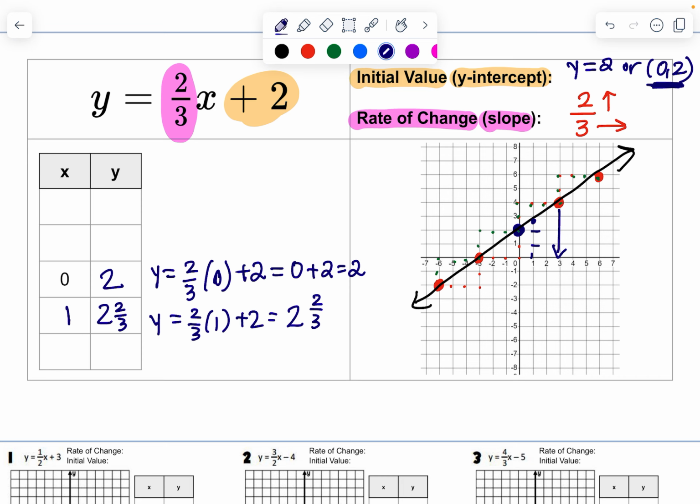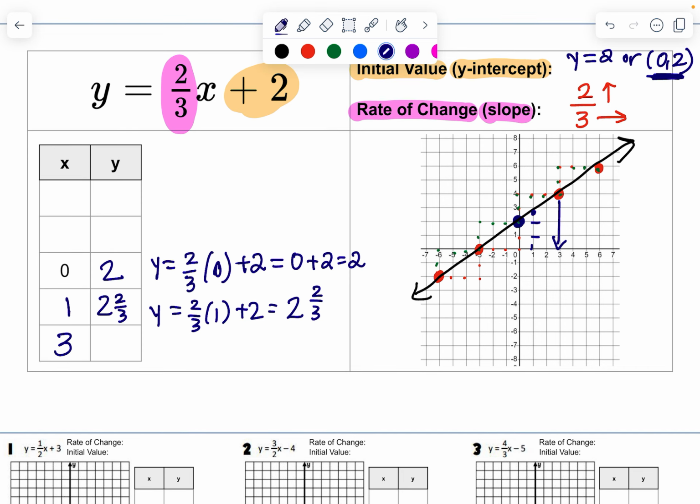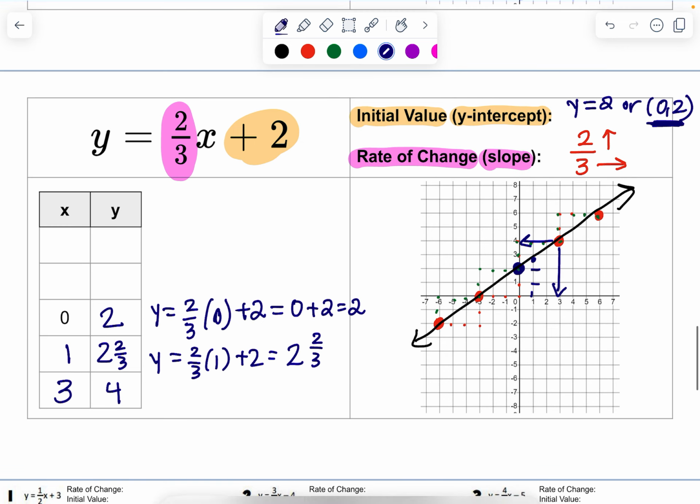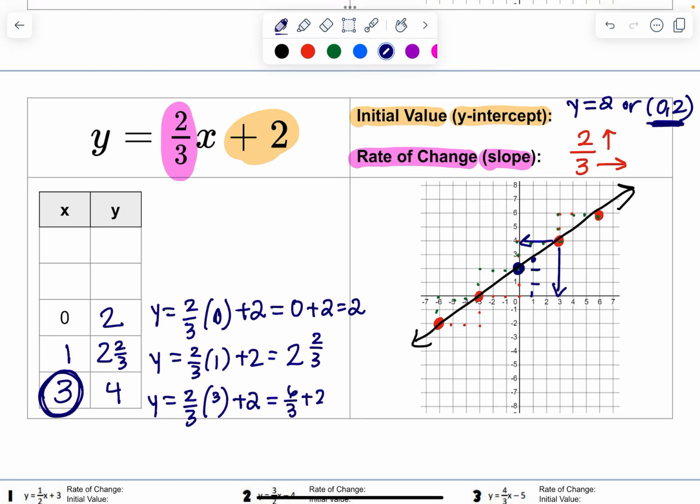If I want to make sure it's something perfect though, maybe I pick a red dot. Here's a red dot. When x is 3, what is y? I can use my graph to verify that it should be 4, but if I plug it in, y equals 2/3 x plus 2. Remember, I'm plugging in x is 3 into the equation. 2/3 times 3, that's 6/3, which I'm just going to write as 6/3 plus 2.